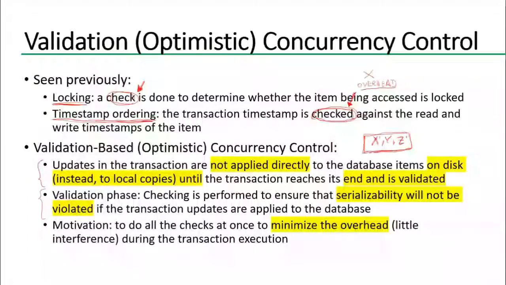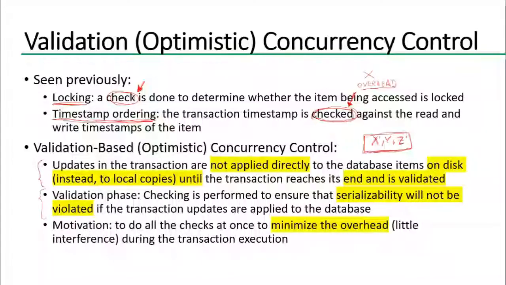So why do you minimize the overhead? Because before you read X and do some operation, before you read or write Z, you always check. Do something, check. Read Y, check. Read Z, check. You check before. Unlock, check again.